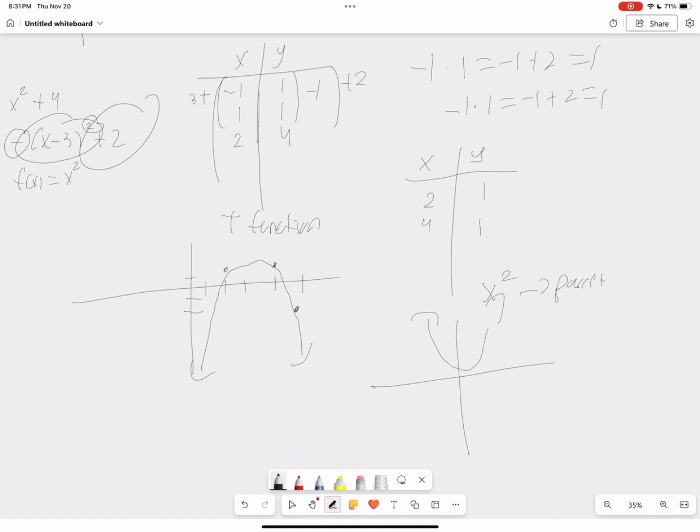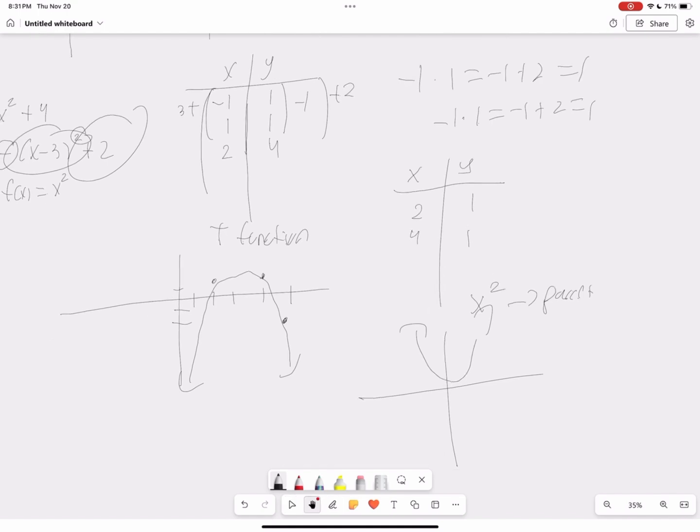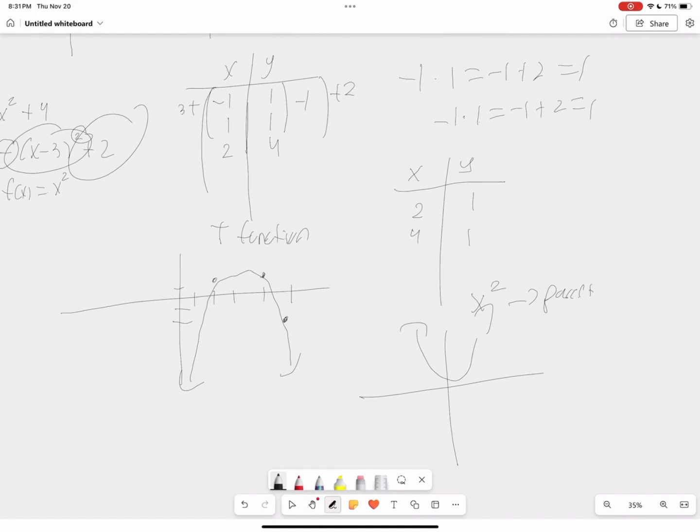Okay, so all we did is we got the x values of the parent function, and we just transformed them literally. We didn't have to plug in any points. Usually people plug in points, which is fine, but I feel like this is a better way.